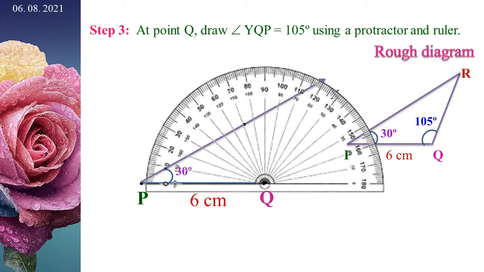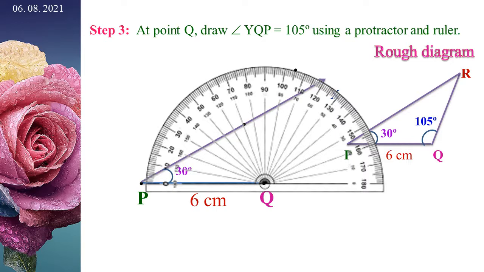Again take the protractor, keep it at Q. Mark an angle 105 degrees. Start from left to right. 0, 10, 20, 30, 40, 50, 60, 70, 80, 90, 100, 110.